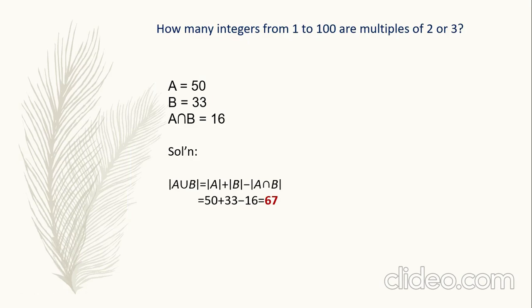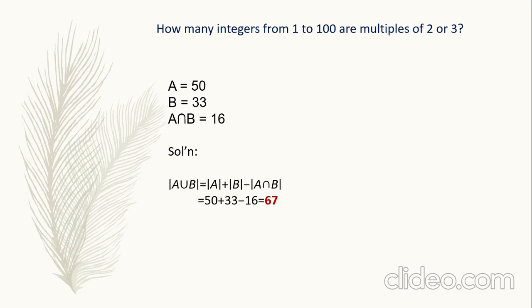Last example. How many integers from 1 to 100 are multiples of 2 or 3? Okay. How many integers from 1 to 100 are multiples of 2 or 3? So, for multiples of 2, you're just going to divide 100 by 2. You have 50 numbers that are multiples of 2.